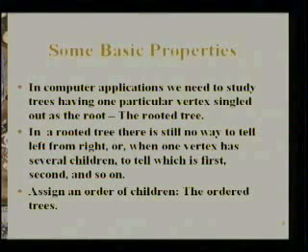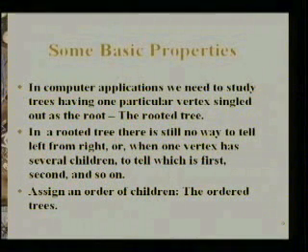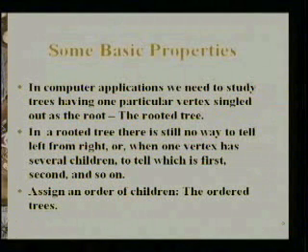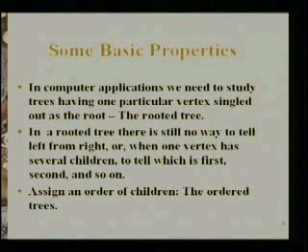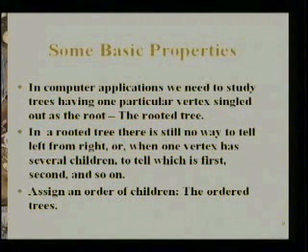Let me go through some basic properties of trees. In computer applications, we need to study trees having one particular vertex singled out as the root, the rooted tree. In a rooted tree, there is still no way to tell left from right, or when one vertex has several children, to tell which is first, second, and so on. In ordered trees, we assign an order to the children.